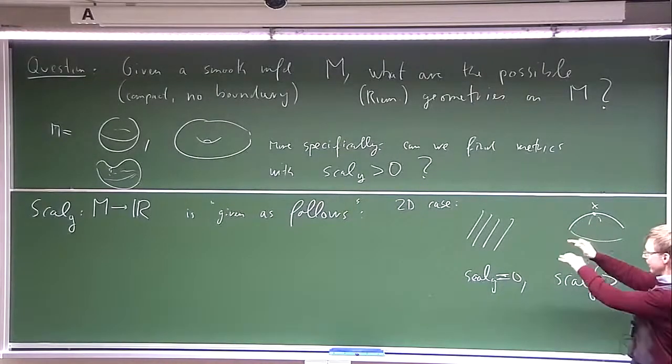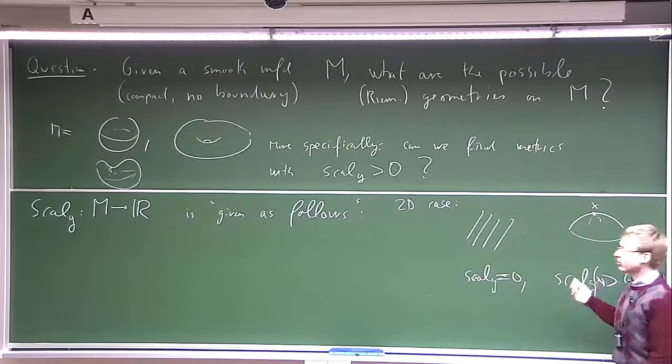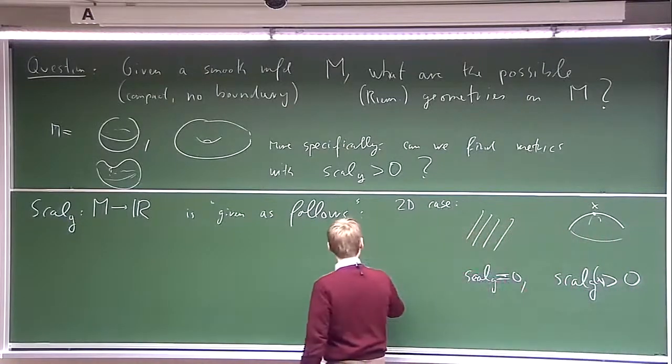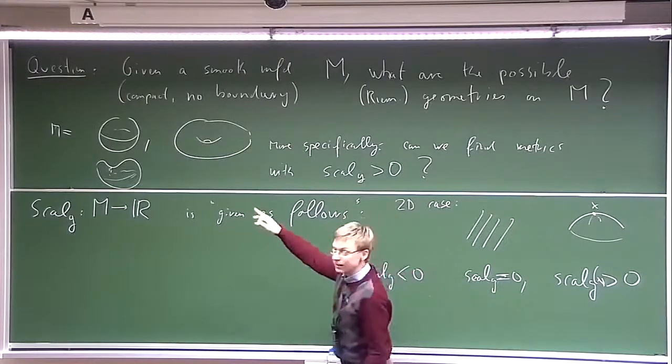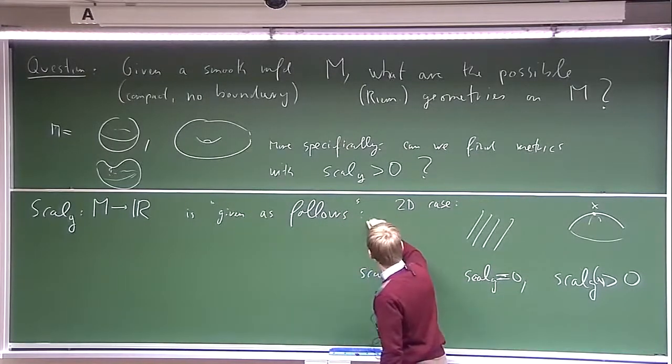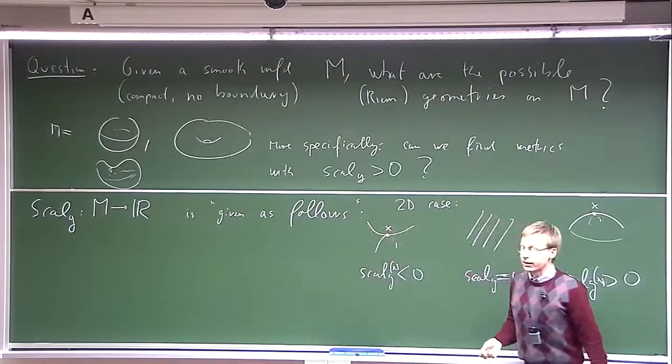And of course, if you want to make the curvature bigger, you have to make the sphere smaller. Then the curvature is bigger. And the negative case, I've also drawn already. This is exactly this saddle situation. So if x is like that, then you have the negative curvature.